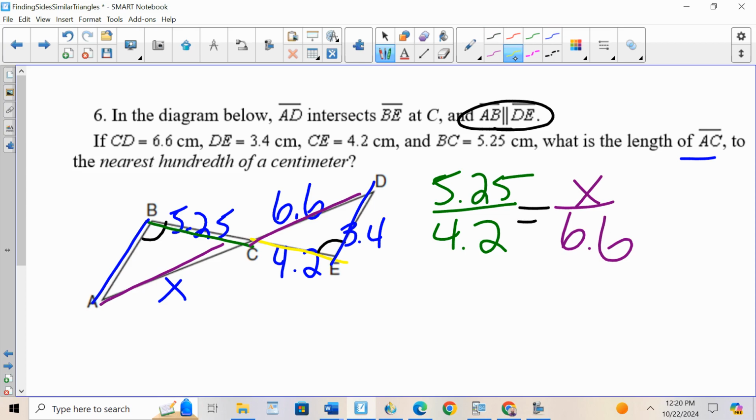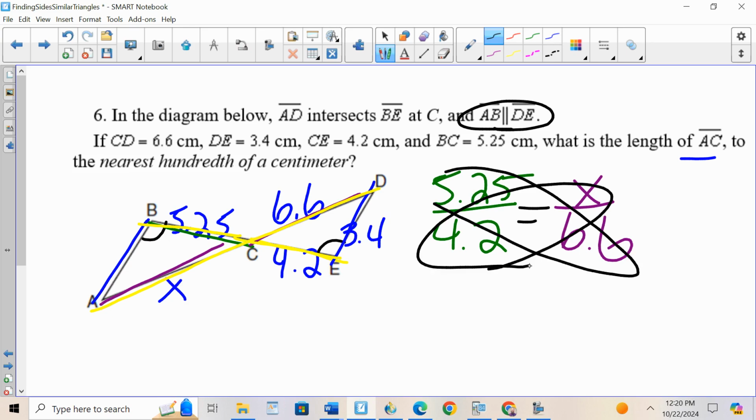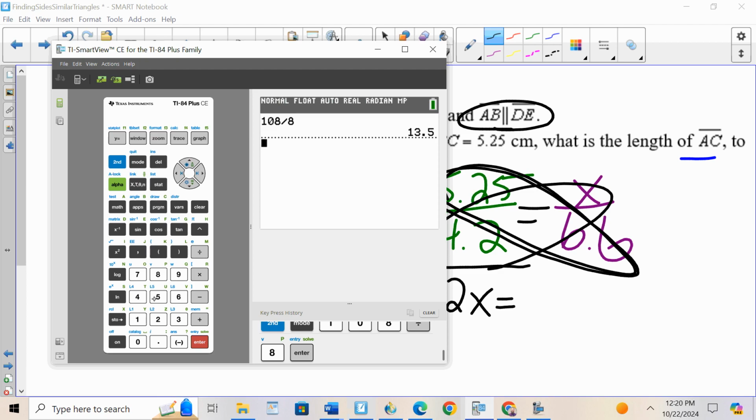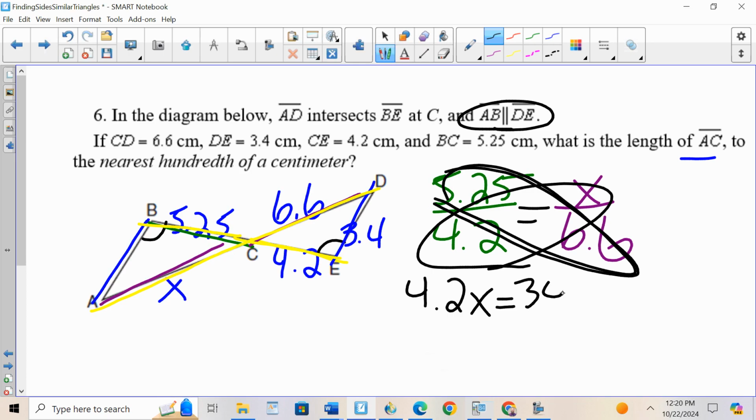Again, the corresponding sides are diagonal from each other when you have these twisted, rotated triangles. So the 5.25 corresponds to the 4.2, and the X corresponds to the 6.6. From here, I cross multiply and solve. 4.2 times X is 4.2X. 5.25 times 6.6 is, I don't know, 5.25 times 6.6 is 34.65.